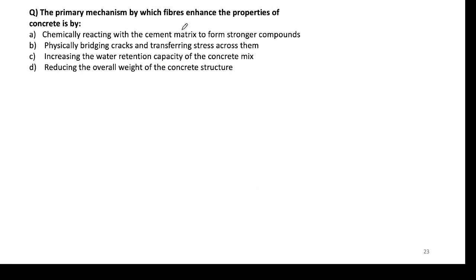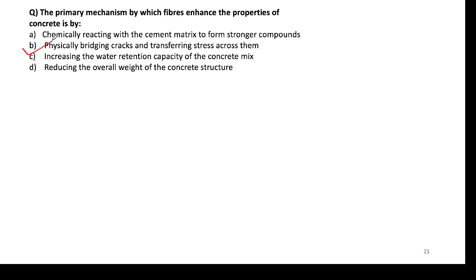Okay, the second question is on the primary mechanism by which fiber enhances the properties of concrete: is it by chemically reacting with the cement matrix to form stronger compounds, or by physically bridging cracks and transferring stress across them? Just now we discussed this, so we will not discuss further. Option B is correct.